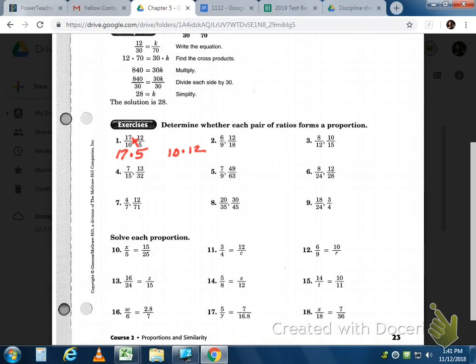A 17 times 5 is going to get you 85. A 10 times 12, what's that? You should be able to do that in your head. Jacob. 120. And we're going to say it's not equal. That's the equal sign with the slash. And since it's not equal, is it yes or no? No. It's no.